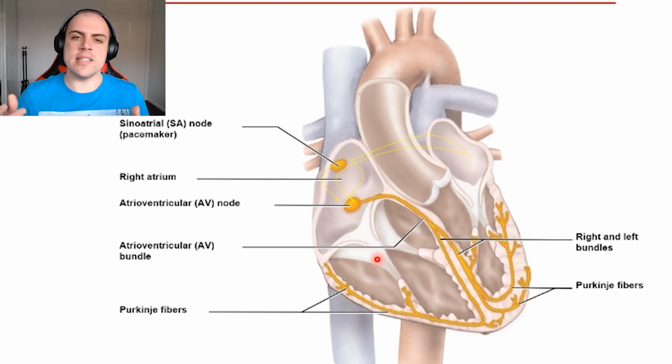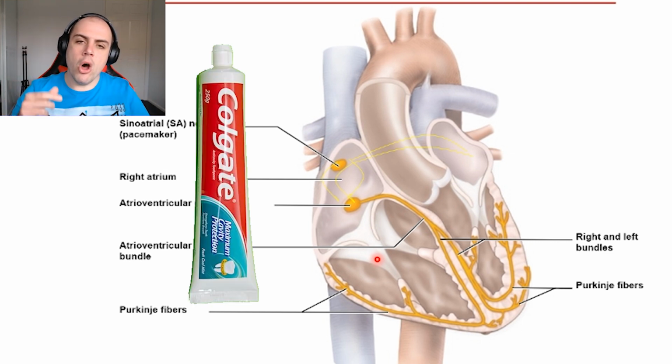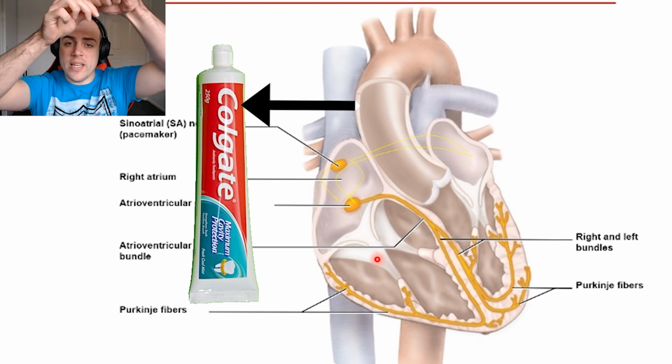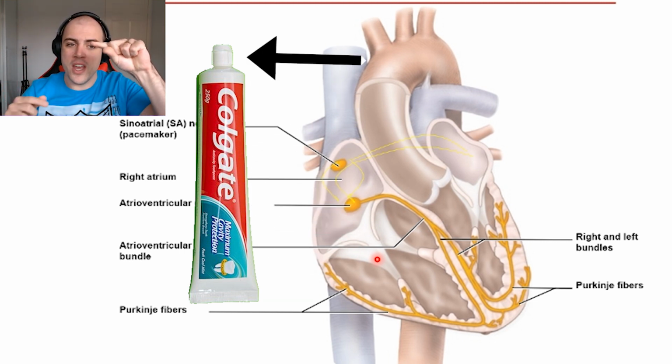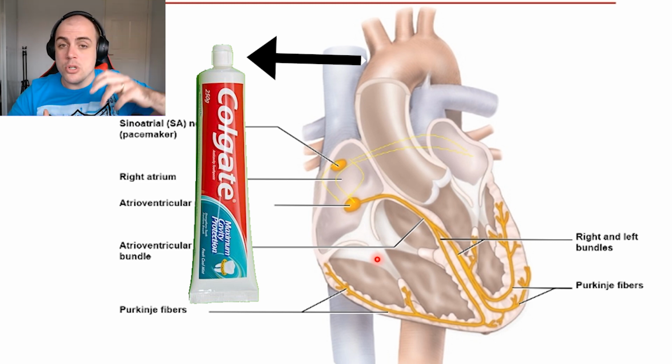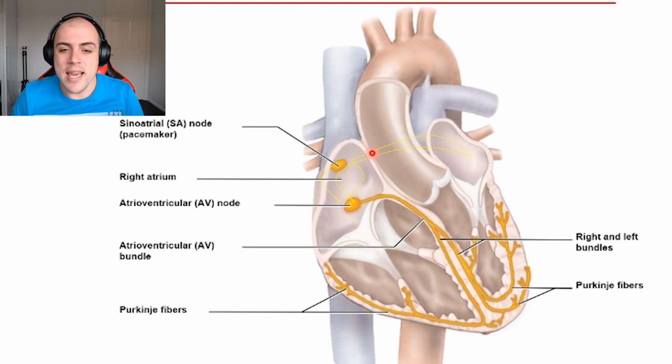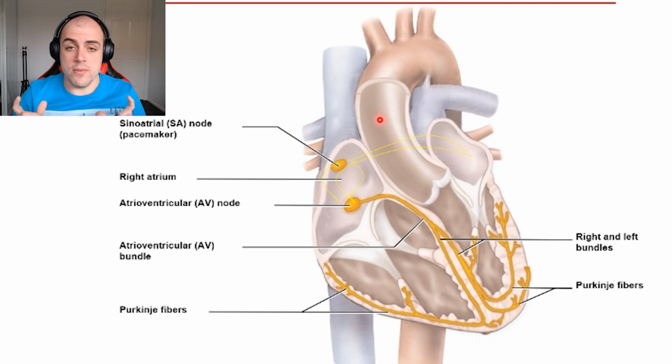How I want you to visualize this is like a tube of toothpaste. If you're holding a tube of toothpaste and you want to get all the toothpaste out, you don't squeeze from the top and sort of squeeze down to the bottom, because the nozzle's at the top. If you're squeezing it down to the bottom, you can't push the toothpaste out. That's what we're seeing here. The openings for the ventricles for the blood to escape are here.